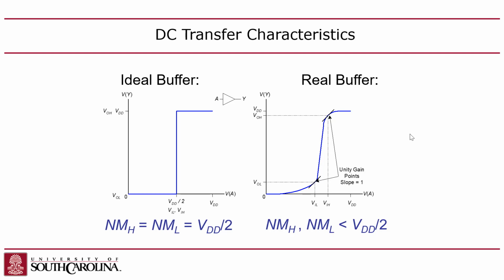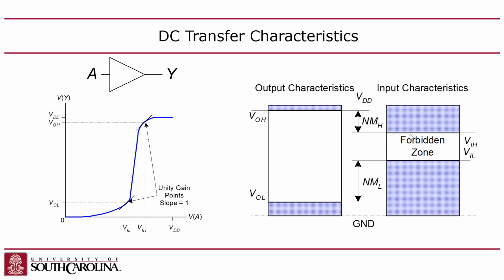So if you have some noise on an input, it will affect the quality of the output, but it'll attenuate that noise, bring it closer to 0. Does that make sense? And then you have the same thing on the other side with the high voltage. So you end up with this noise margin, which is the difference between what's considered low on the output and what's considered high on the input.